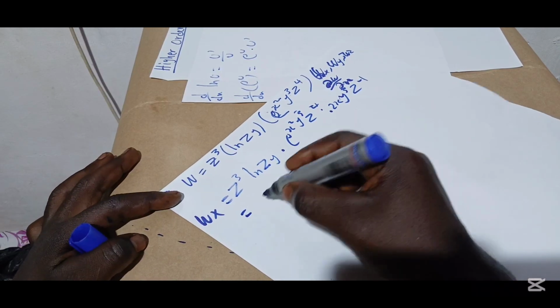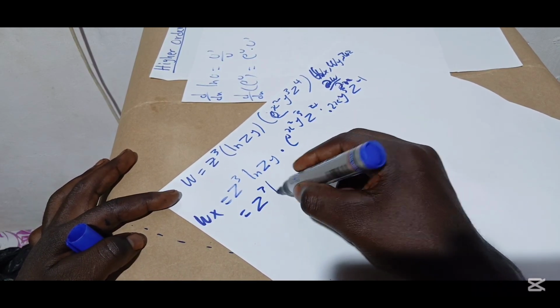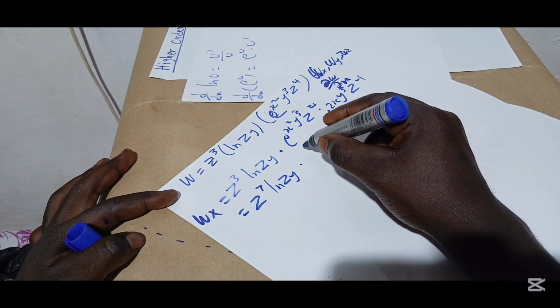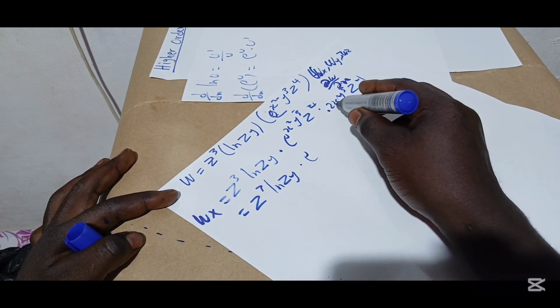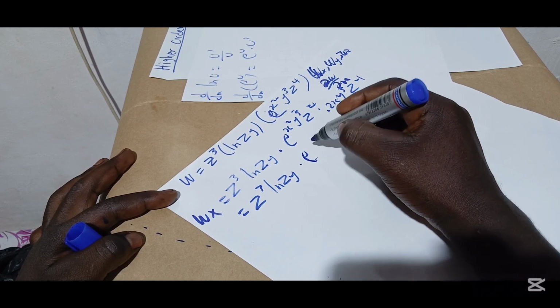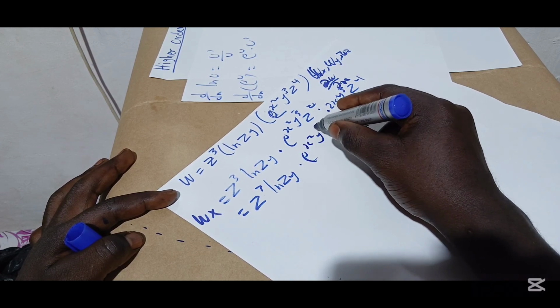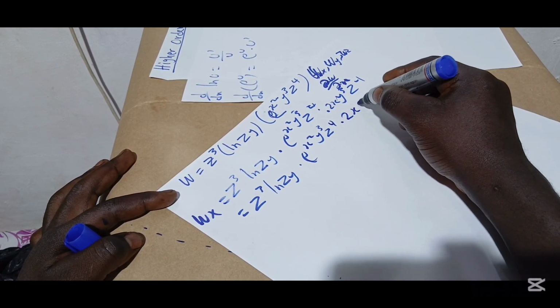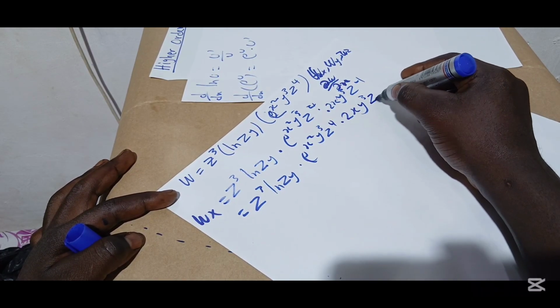So let's further write this as z to the power 3 ln zy multiplying e to the power x squared y to the power 3 z to the power 4, multiplying 2x y to the power 3 z to the power 4.